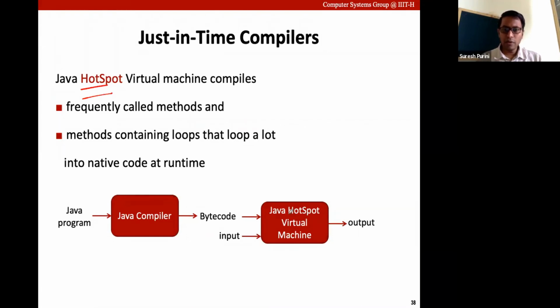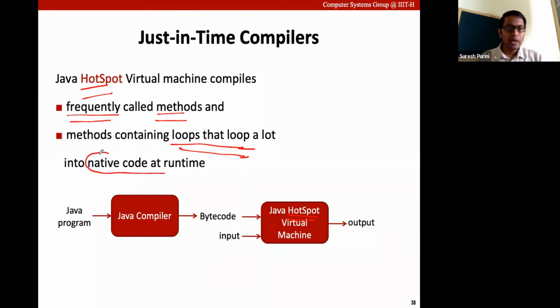So we have what are called hotspot virtual machines. As they execute the program in bytecode, they check what are the frequently called methods and methods containing loops that loop a lot. These pieces of code will be translated into native code at runtime.